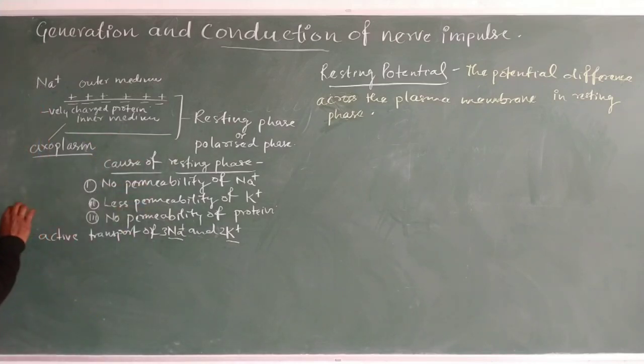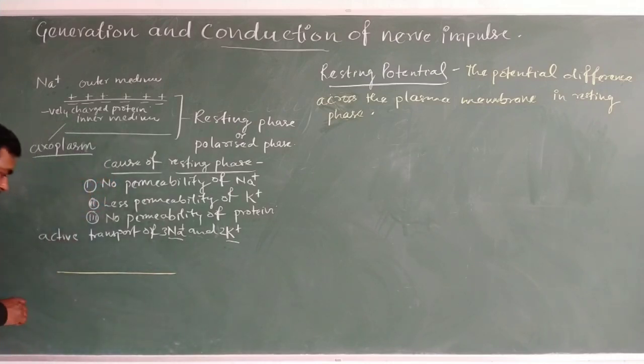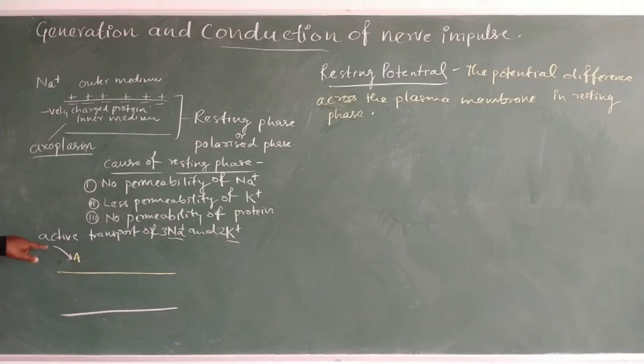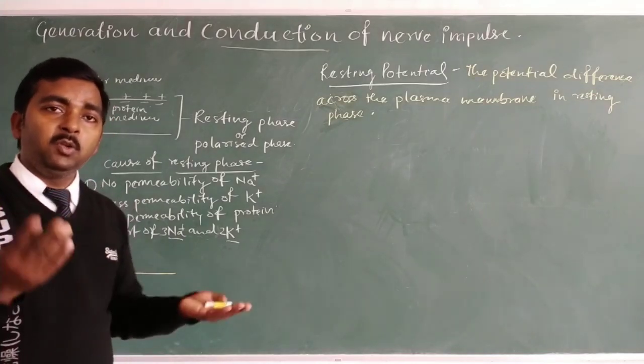Suppose this is the plasma membrane of the axoplasm, and here is a place, that is place A. Suppose the stimulus is received by point A. On that point, the sodium ion channel will open.